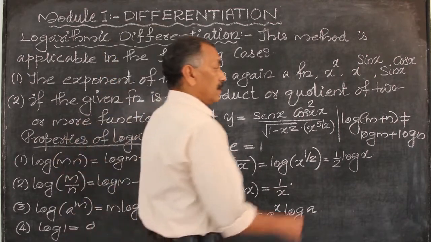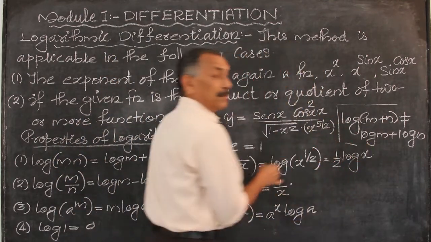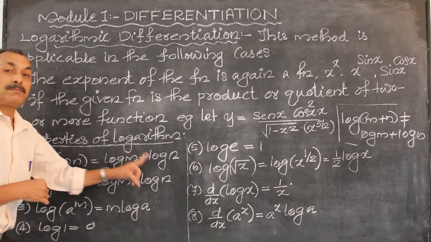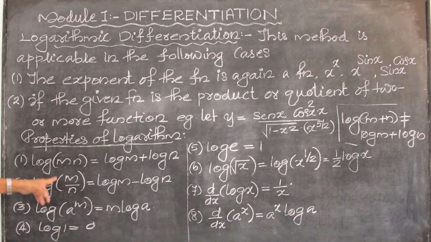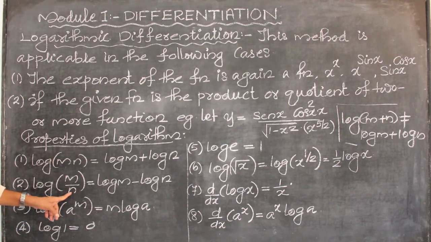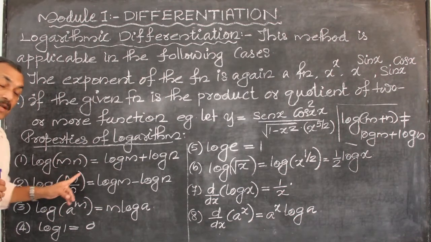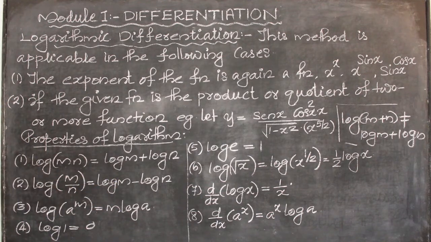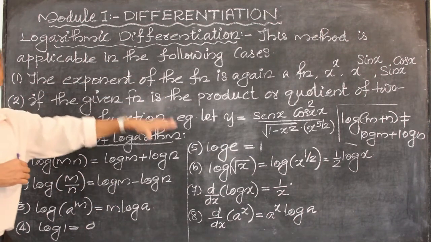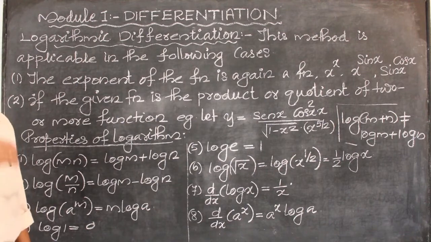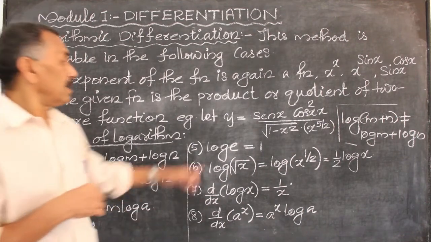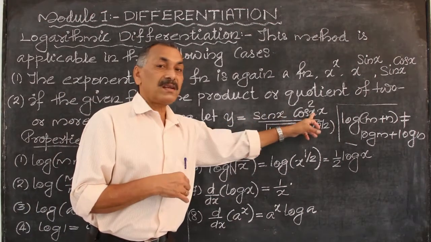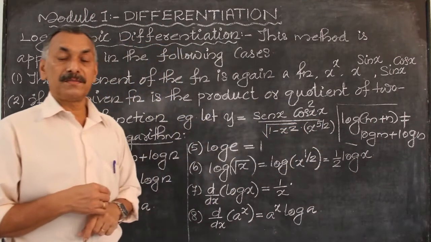Second, log of a product: log of m into n is equal to log m plus log n. രണ്ടാമത്, log of m by n is equal to log of numerator minus log of denominator, log m minus log n. അപ്പോൾ log of sin x by cos x ആണെങ്കിൽ, ഇതിന്റെ log എടുത്താൽ log of numerator minus log of denominator എഴുതും.